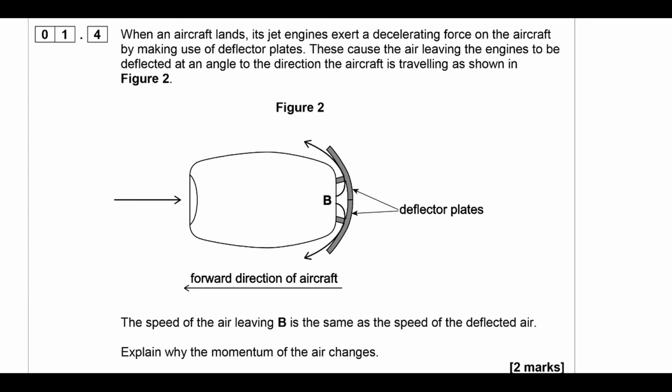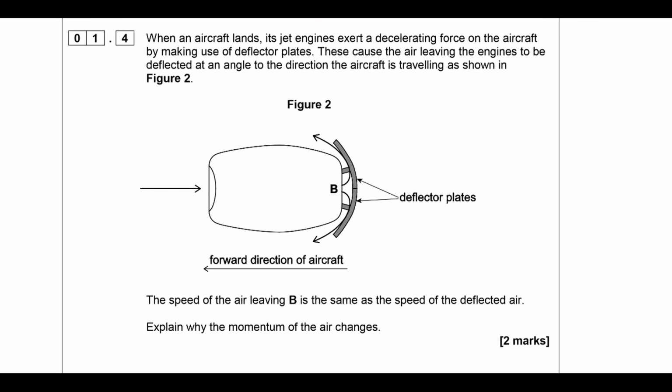Okay, so when an aircraft lands, its jet engine exerts a decelerating force on the aircraft by making use of deflector plates. These cause the air leaving the engines to be deflected at an angle to the direction the aircraft is travelling in, as shown.